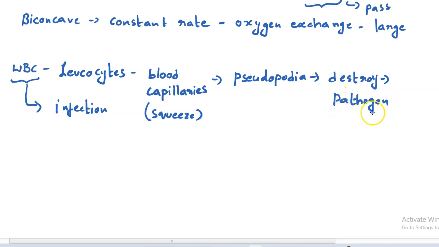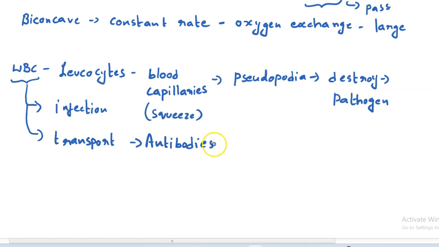These WBCs, leukocytes, are capable of generation, transport, and spread of antibodies. Antibodies are useful to control the pathogens. They are involved in phagocytosis.